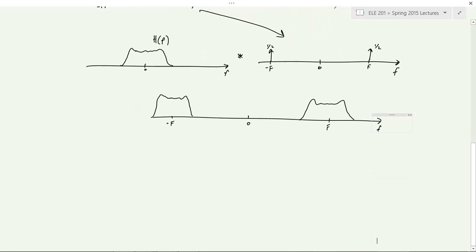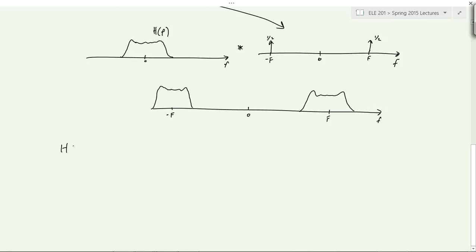Okay, so let's talk about the high pass filter because it was suggested maybe you do some sort of low pass and a high pass to get your band pass. Okay, well, a high pass filter can be constructed just by doing a 1 minus your low pass filter. Now, that's in the frequency domain, right?